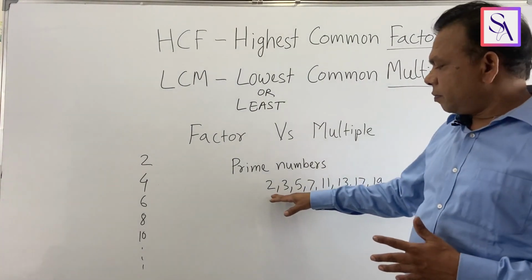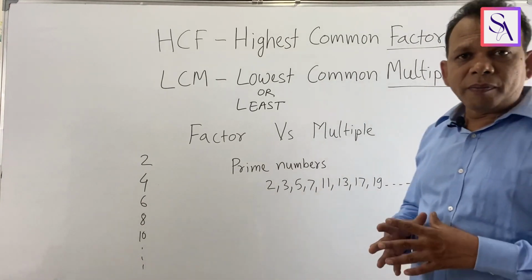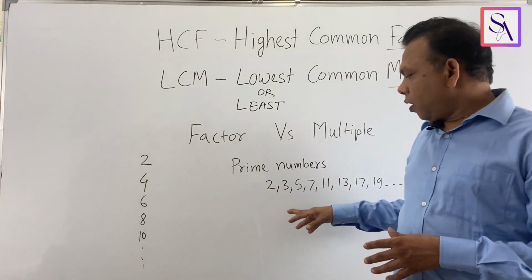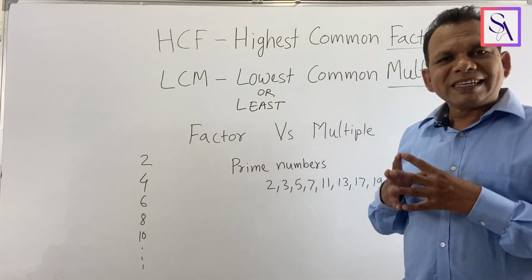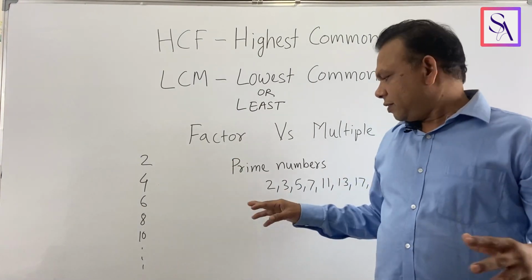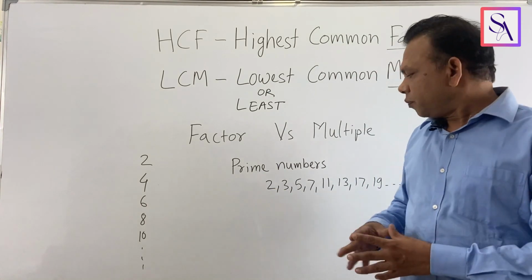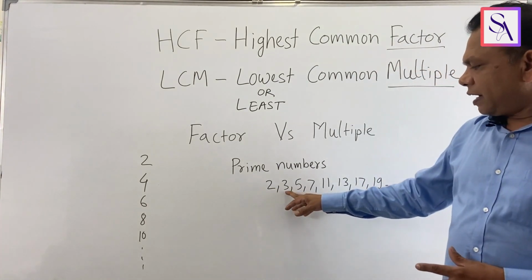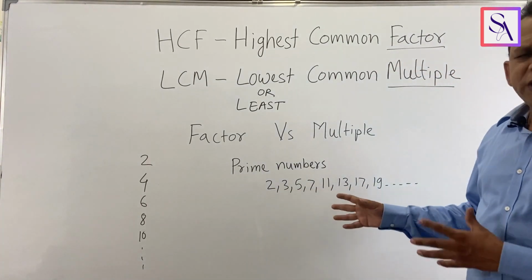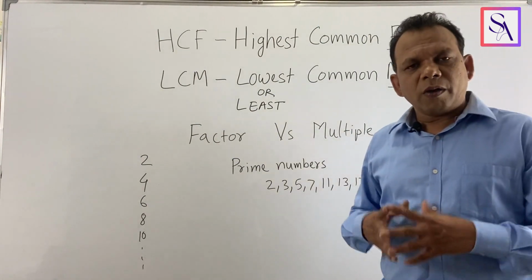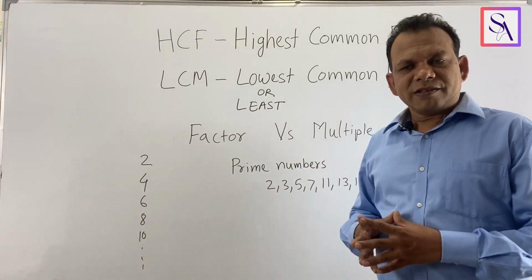Why are they called prime numbers? Because 2 cannot get factorized further. So we cannot further reduce 2, right? Similarly 3, 5, 7, 11. These concepts we have learned in previous classes.